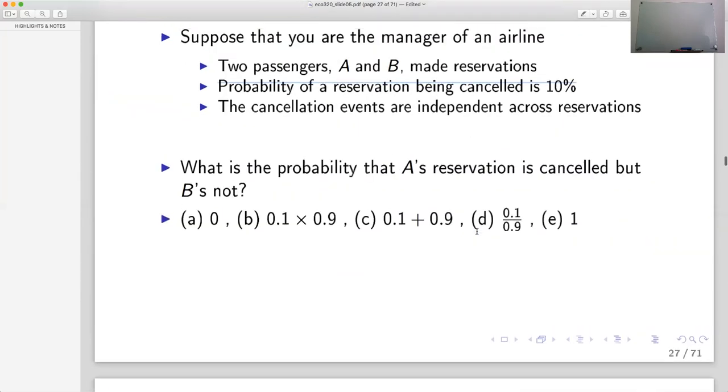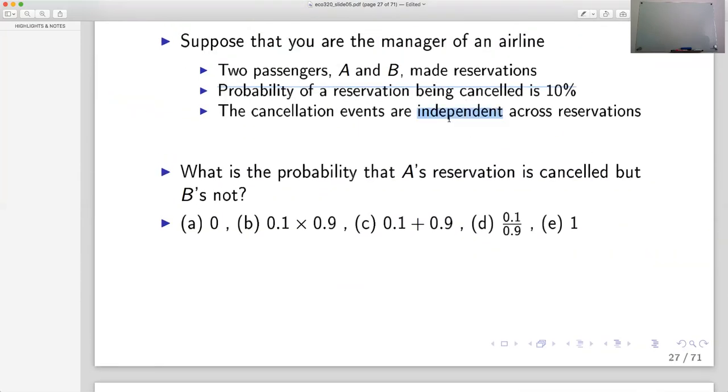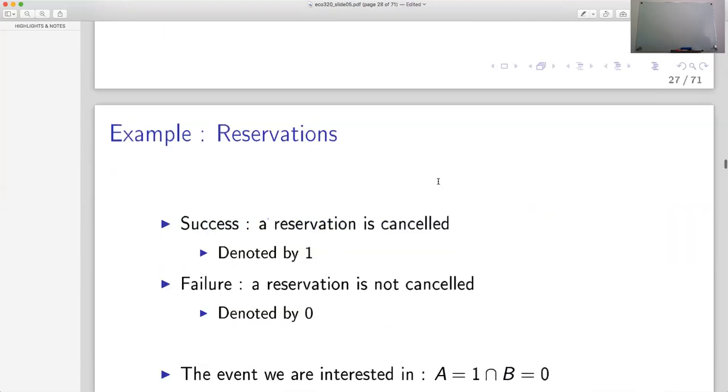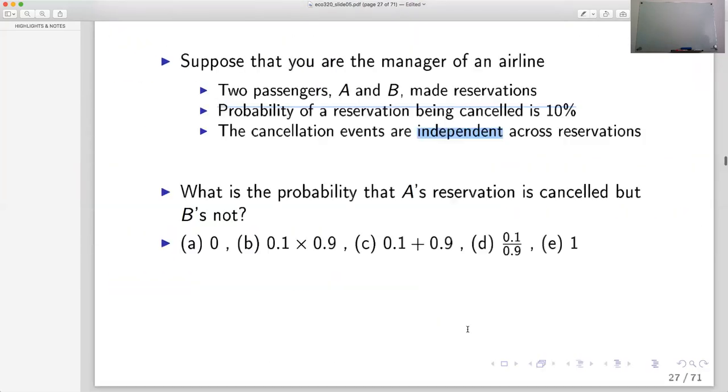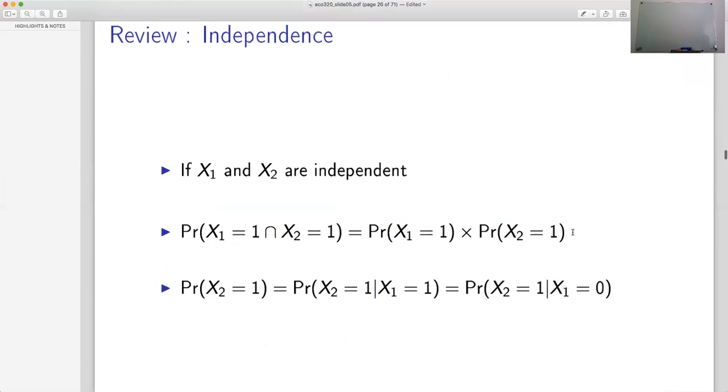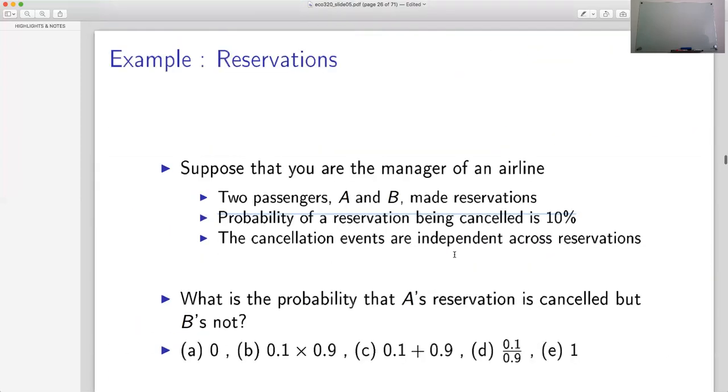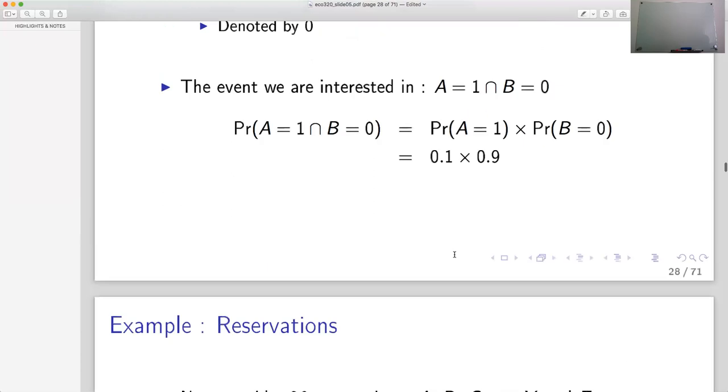I told you they are independent. Otherwise, you cannot use this formula. This formula comes from this one: the probability that X1 equals 1 intersection, meaning and, X2 equals 1 is just the multiplication of these two, because the 2 events are independent.